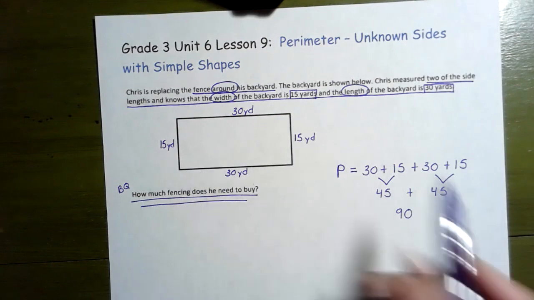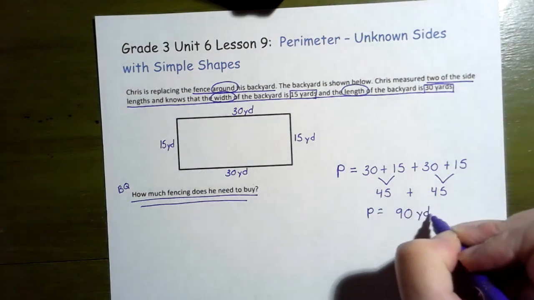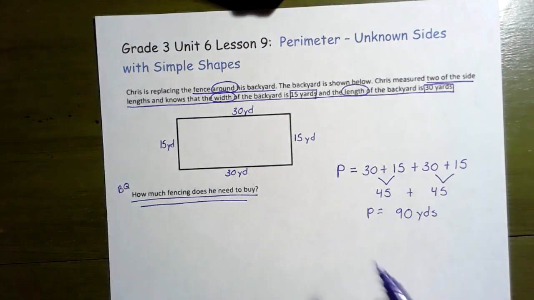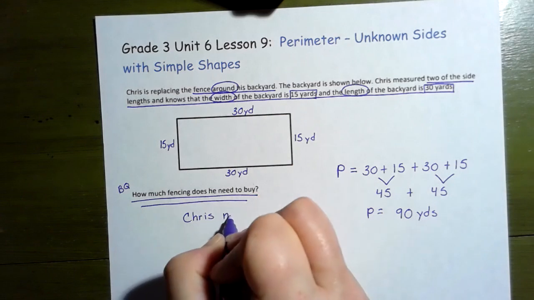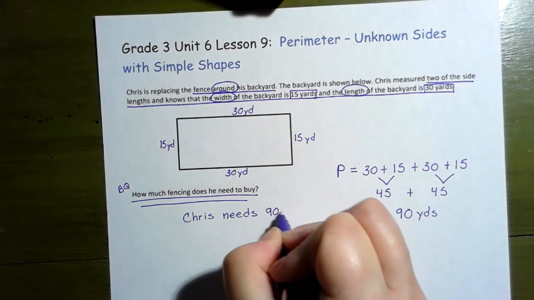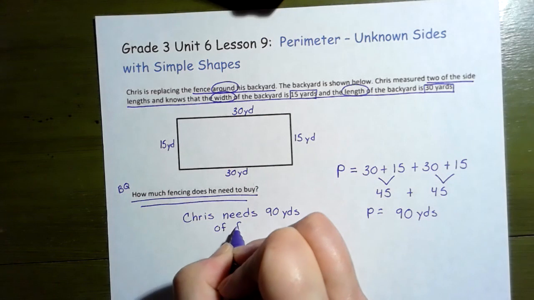So the perimeter is 90 yards. In answering the big question, Chris needs 90 yards of fencing.